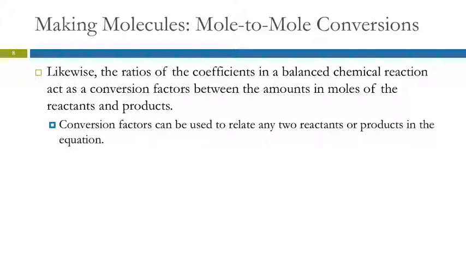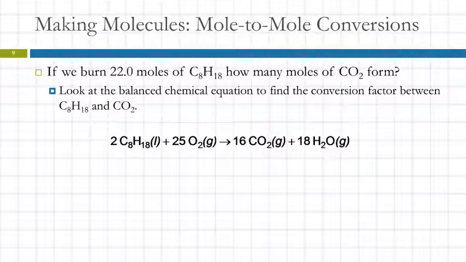So we can do a very similar thing using moles of compounds in chemical reactions. The conversion factors come from the coefficients, and we don't have to do multiple steps. We can choose any two reactants or products because all of those are related. So let's look at this one.